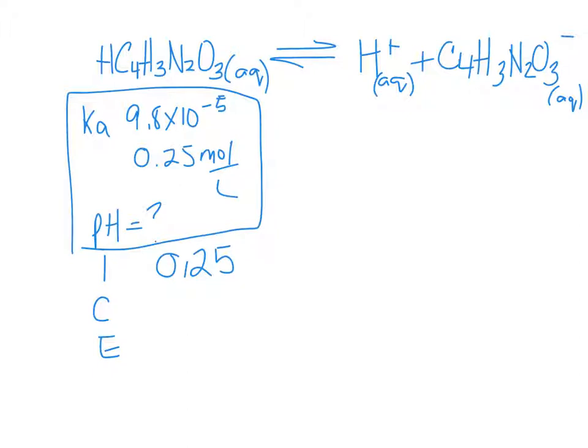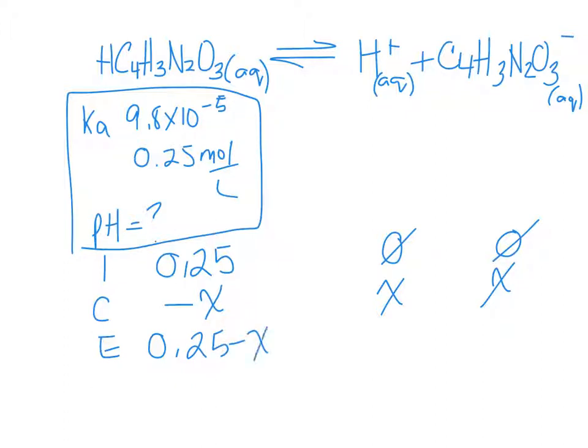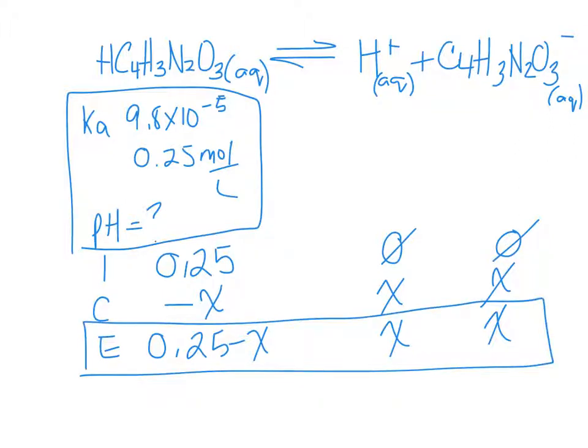It's 0.25. Initially, you won't have any products, because nothing has happened yet. Go through your change. Reactants are negative, products are positive. So you've got 0.25 minus x, x, and x. So these are our values at equilibrium.